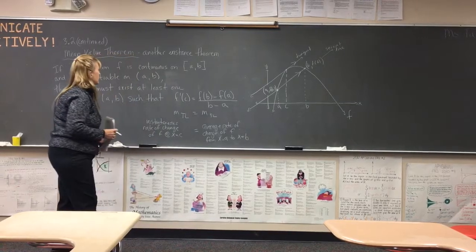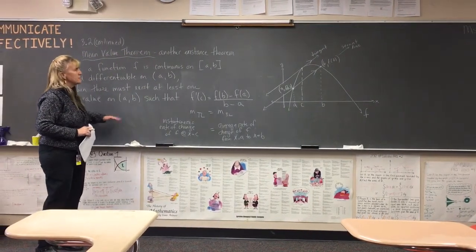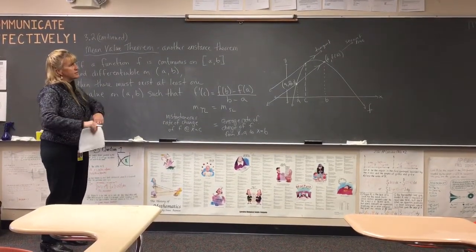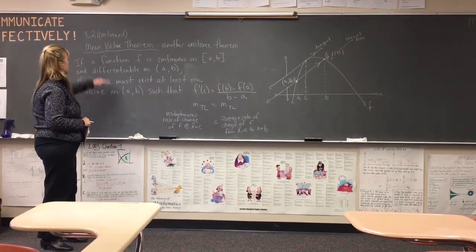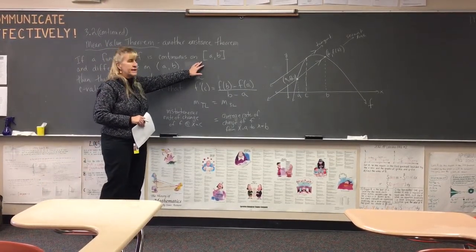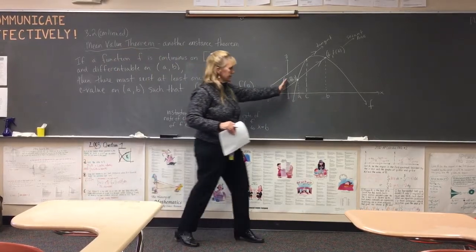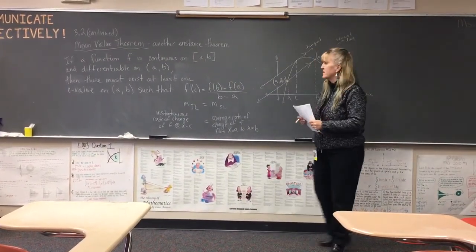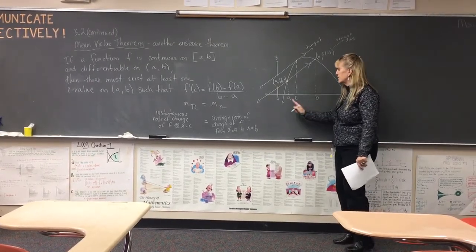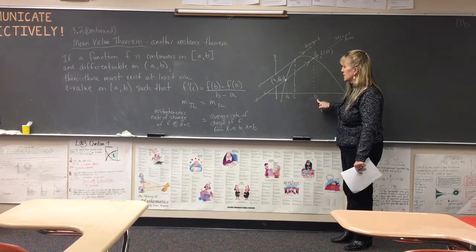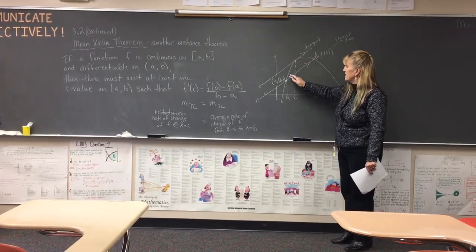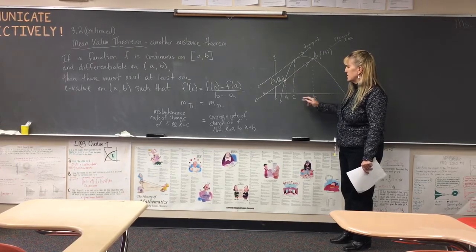Okay, so this in a nutshell is your mean value theorem. Let's recap it, say it one more time. It's kind of like Rolle's theorem, but it's a little bit more open-ended, so to speak. Mean value theorem tells us that if a function is continuous on a closed interval from a to b, and differentiable on the open interval from a to b, then there has to exist at least one c value in between a and b, where f prime of c is equal to f of b minus f of a divided by b minus a.